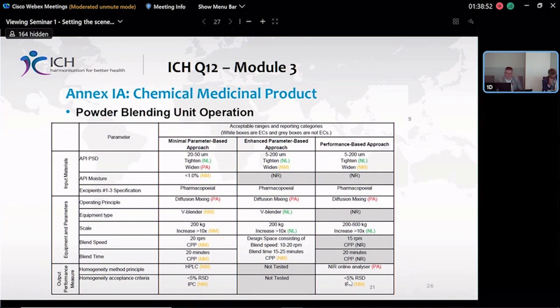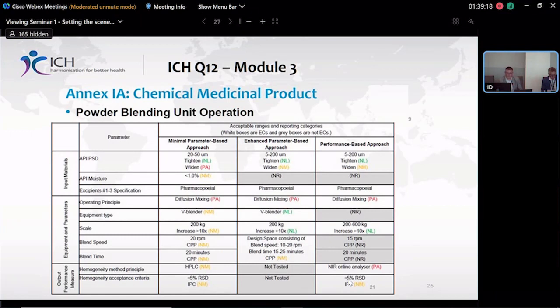And if they want to change it in the future, because they understand the risk that changes would pose, they can have lower reporting categories for these variations. And that's directly proportional to the time, the effort, and the work they've put into their pharmaceutical development. They've studied their blending unit operation in more detail. They've made more development batches.